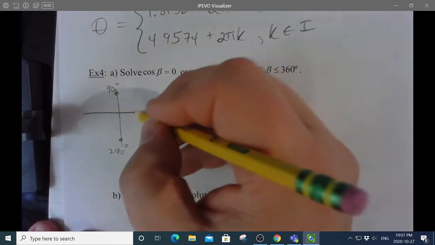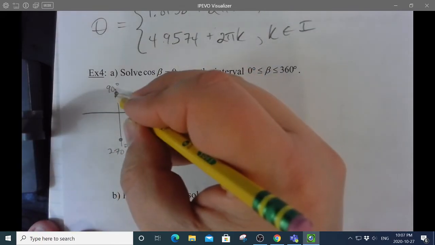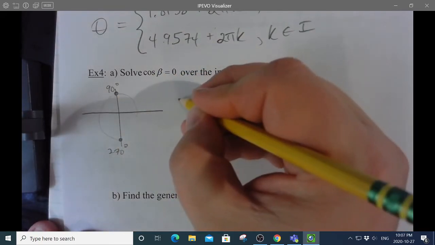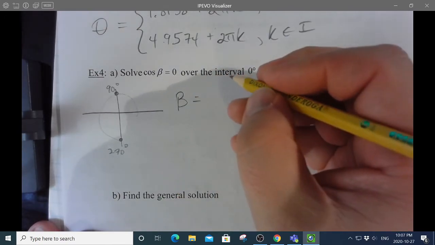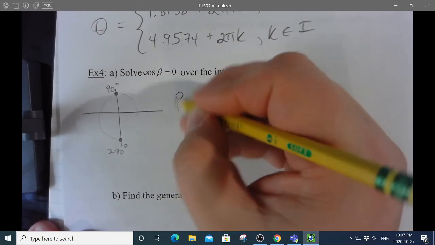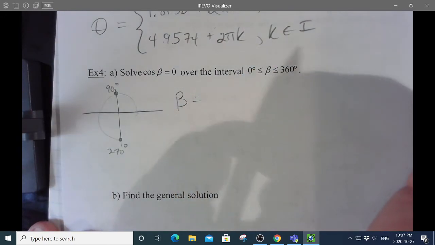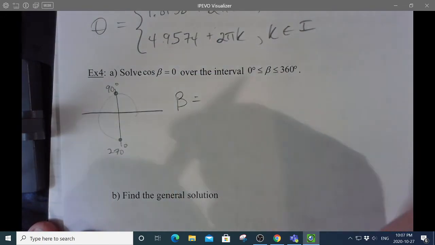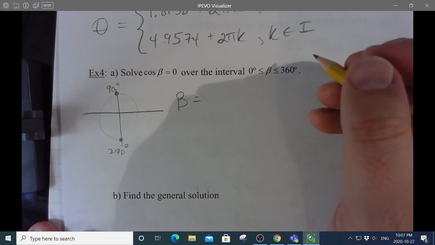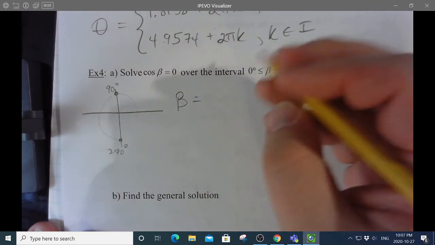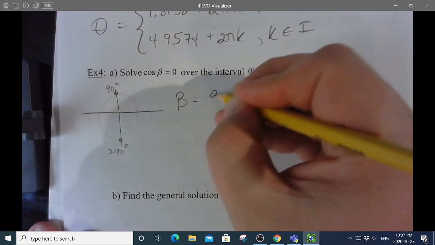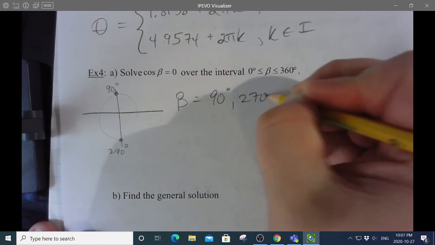So from 0 to 360, I'll hit that one and I'll hit that one. So my answers for beta are, and I just write my beta just like a B, just I add a little tail to it. But you could try to be fancy like that, beta. Go right ahead. Anyway, what was I saying? Oh yeah, beta is going to be 90 degrees and 270 degrees.